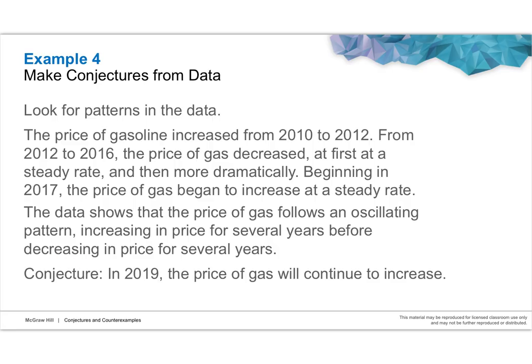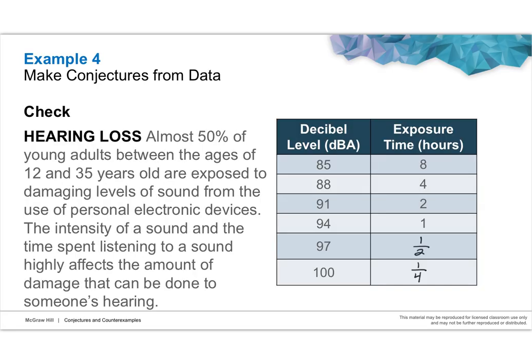So the conjecture that we might make is that in 2019, the price of gas will continue to increase if we think about the pluses and minuses. We had two pluses and then four minuses and then two pluses again. You might consider to continue the plus pattern a couple more times, a couple more year jumps before you go back to decreasing. So that's what we can conjecture here.